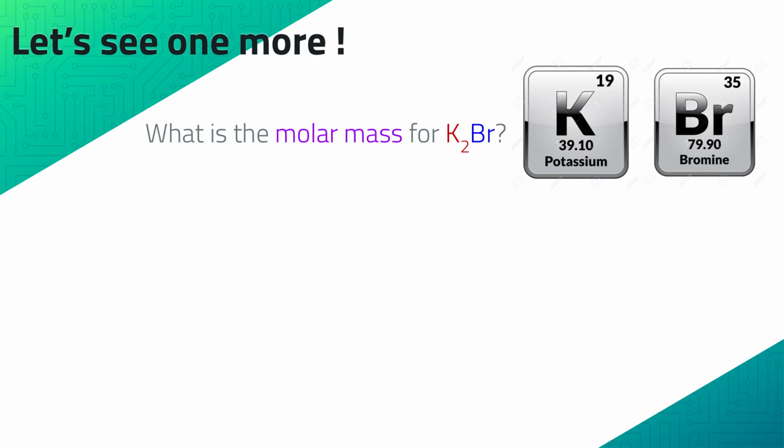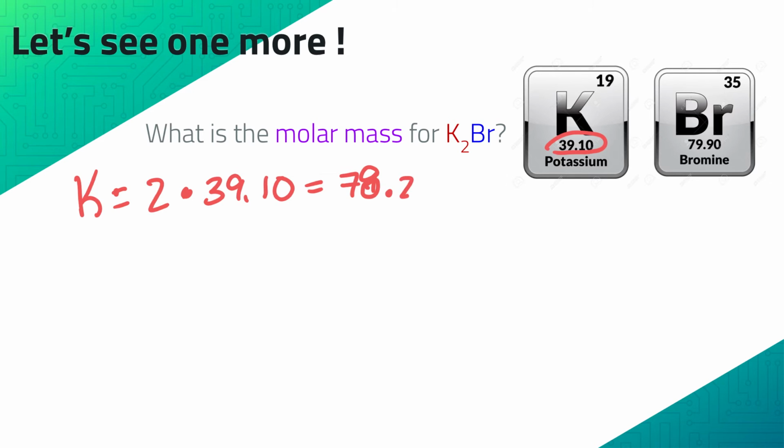So let's try it. What's the molar mass of K2Br? For K2, there are 2 potassium atoms times the potassium mass, which is 39.10, equals 78.2 grams per mole.